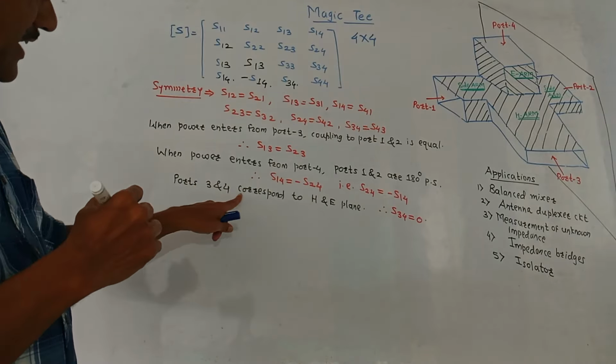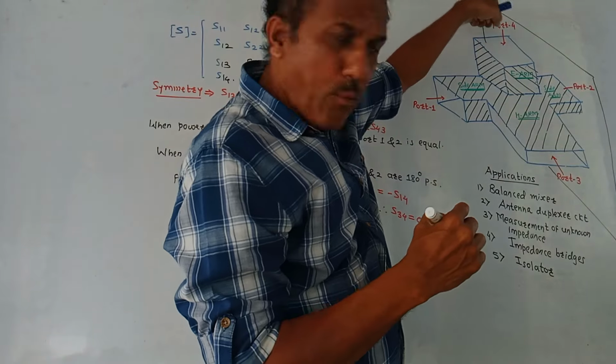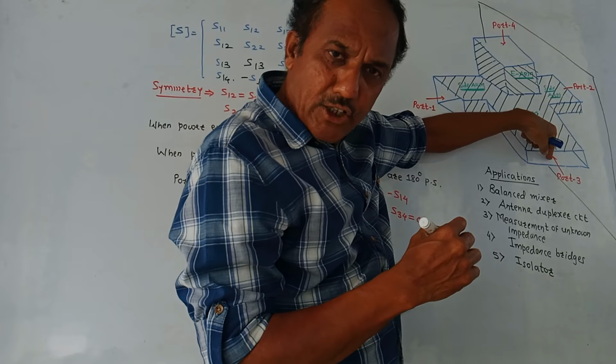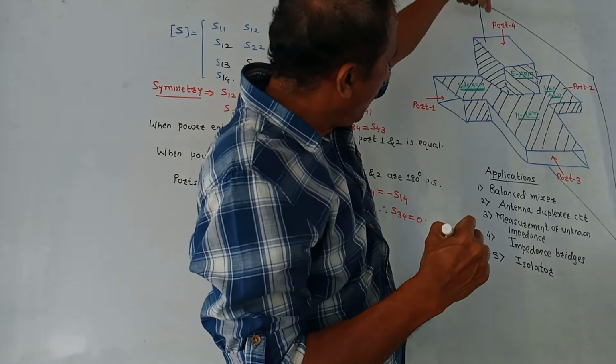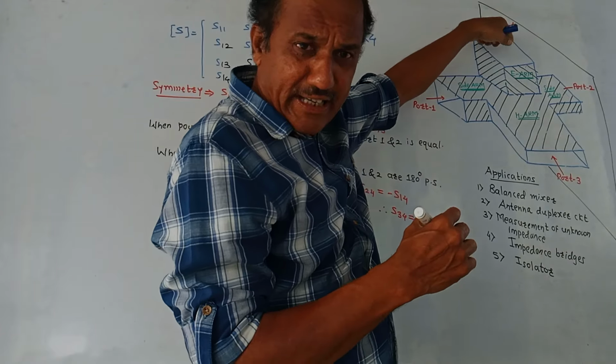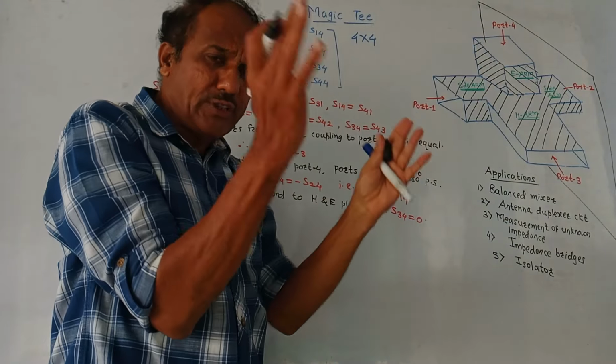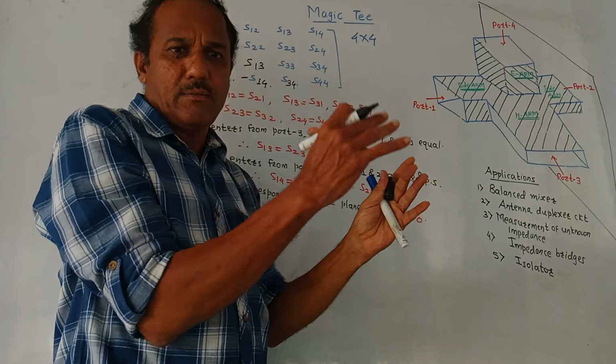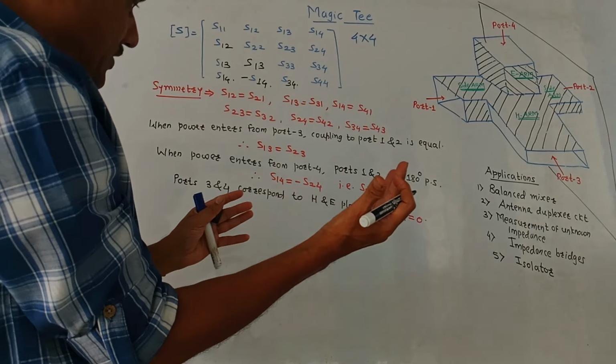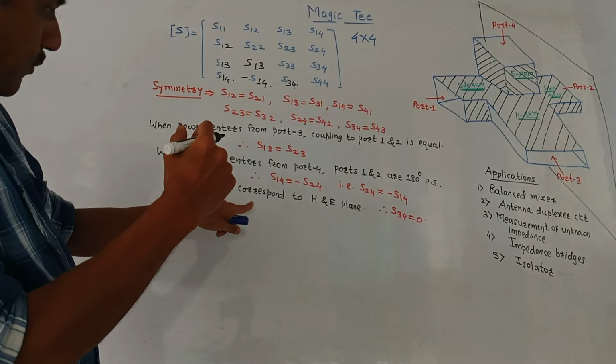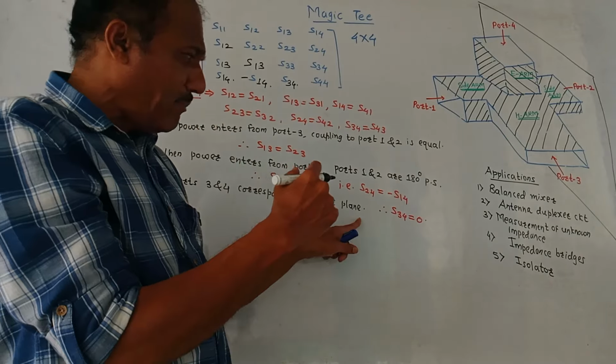Then port 3 and port 4. This port 3 corresponds to H plane, port 4 corresponds to E plane. So these are opposite to each other. We know that electric and magnetic fields are 90 degree perpendicular to each other. So port 3 and port 4 correspond to H and E plane.